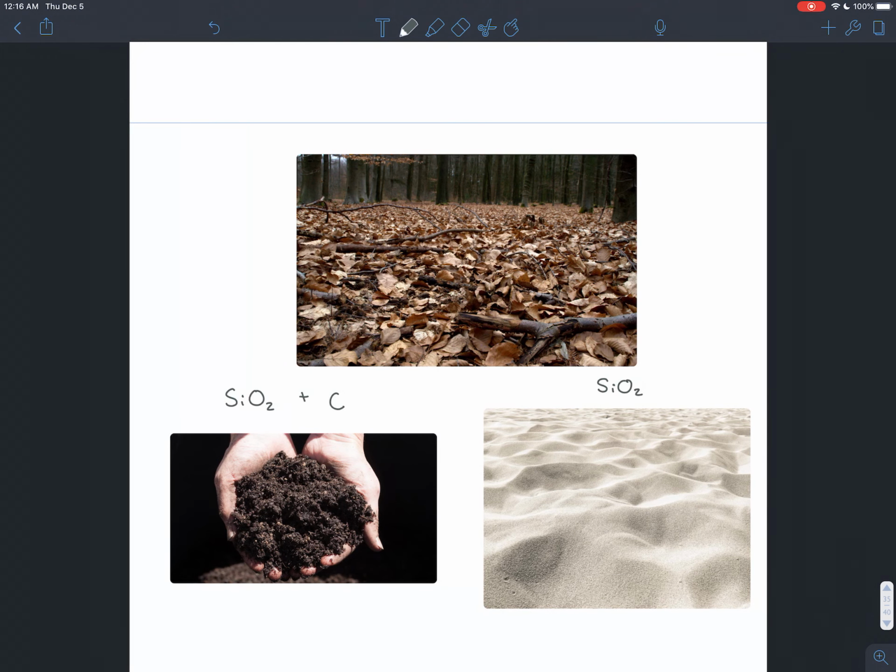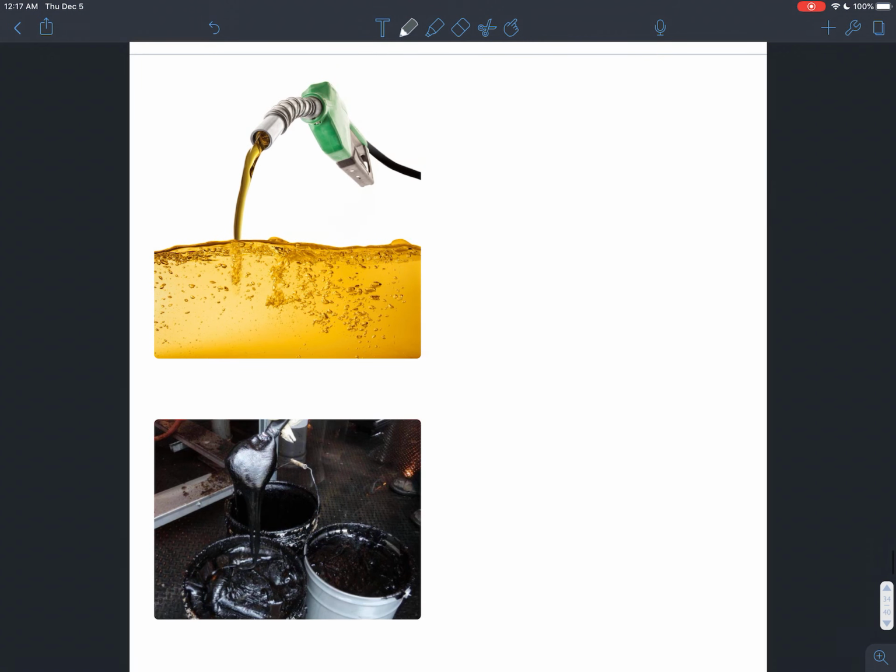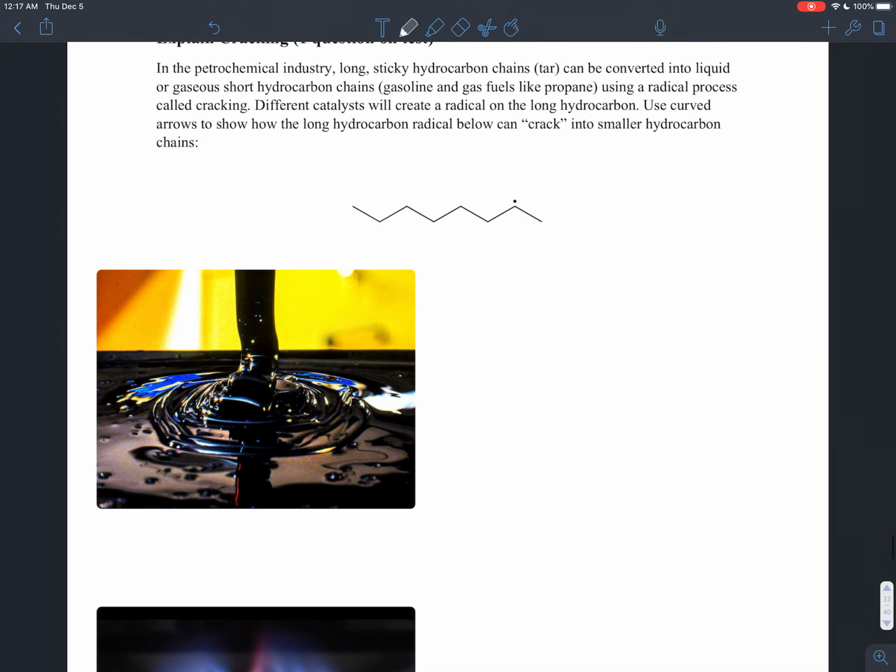So far, what we've established is that this plant matter has a lot of carbon in it, and so it creates this dark color, and over time it gets buried. Now, it gets buried deep underground, and the more time passes, the more sands accumulate on top of it, and the further underground it becomes.